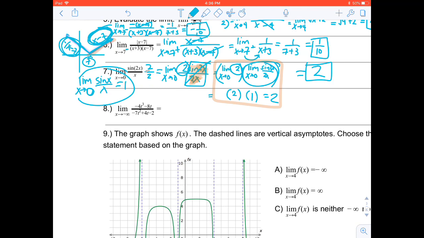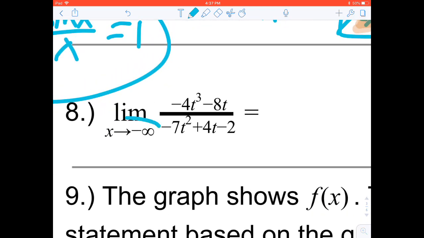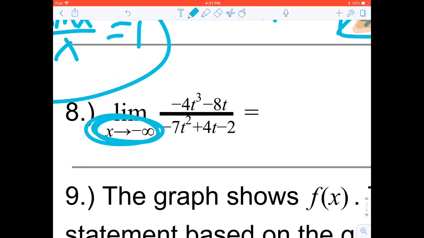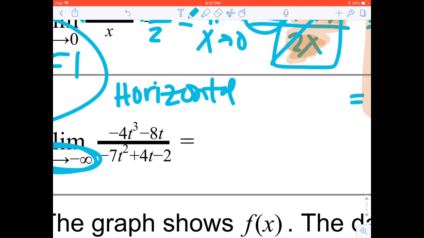Number 8. So keep in mind this part right here. Whenever you're looking for the limit as x goes to either positive or negative infinity, this is actually telling you what the horizontal asymptote is of the function, or it's what you're finding when you find the limit.